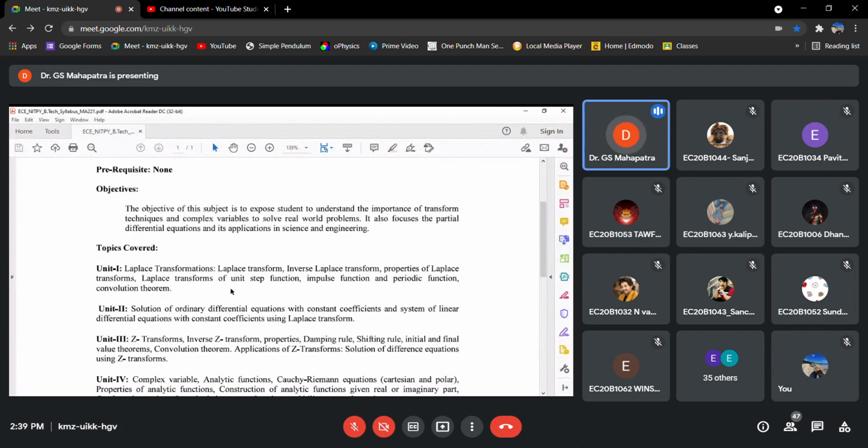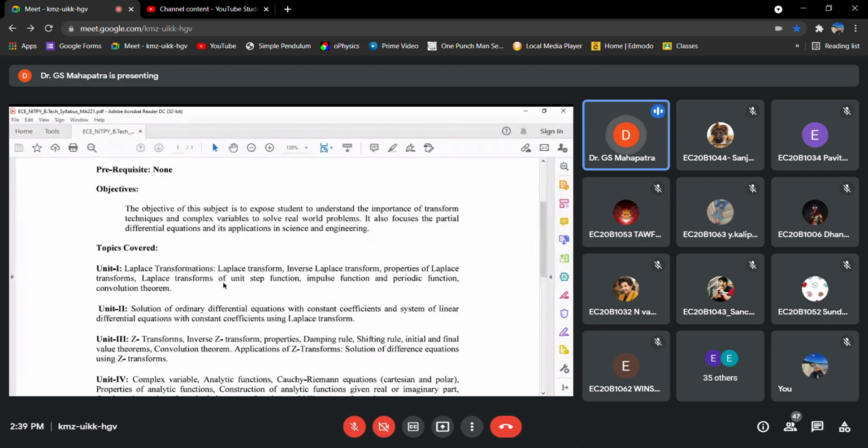Is my PDF file visible? Yes, sir. Laplace transform of unit step function, impulsive functions, periodic functions, convolution theorem. That means in this case the function need not be a periodic function. But for the Fourier transform, the function should be a periodic function. Clear?